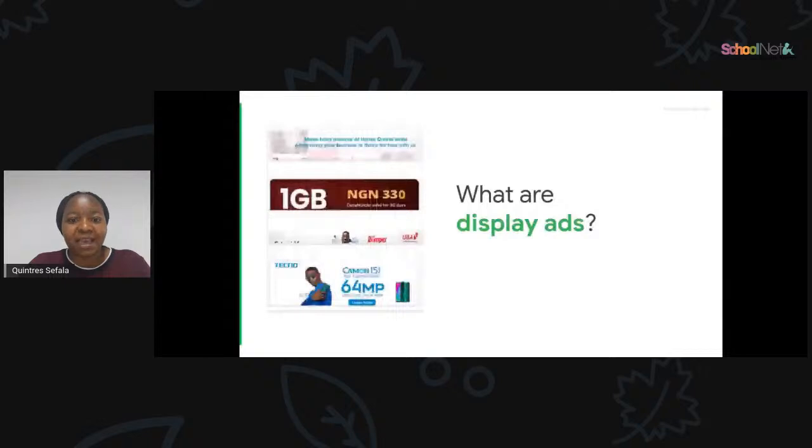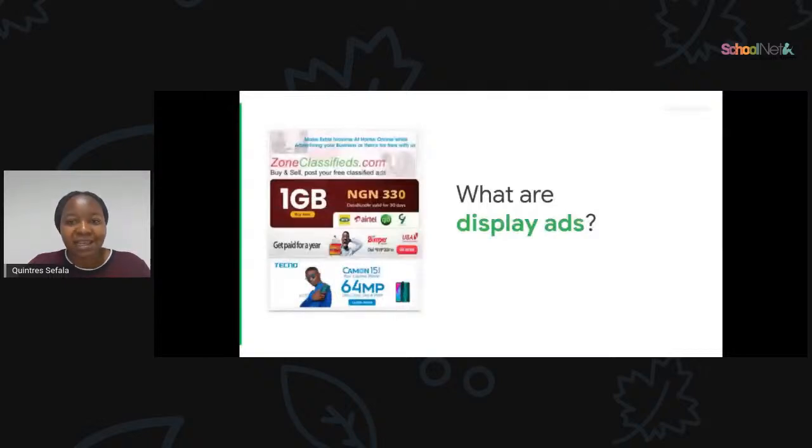So, what are display ads, right? Like we said, display ads are typically visual content that is displayed on a lot of publisher sites, like your posters, your flyers, but they can also be digital, right? Display ads come in all shapes, forms and sizes, like image banners, and there are different types of formats.